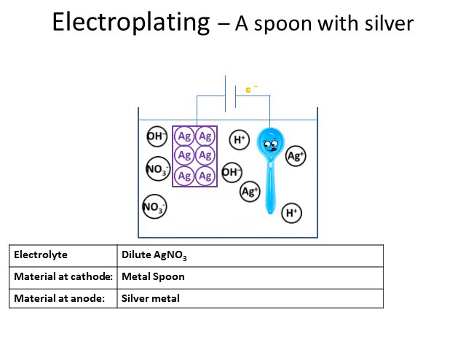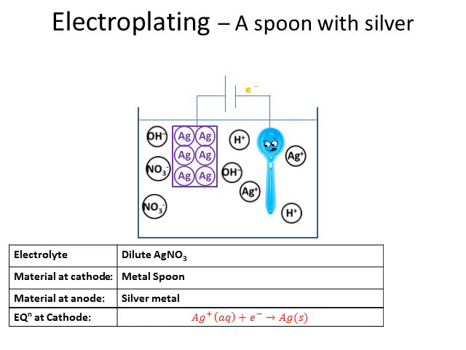As usual, cations are attracted to the cathode, anions are attracted to the anode. Electrons flow out of the negative electrode on the battery. And the equation at the cathode: because you have the Ag plus and the H plus, of course the Ag plus will be preferentially discharged since Ag is less reactive than H. So, got some animation for you.